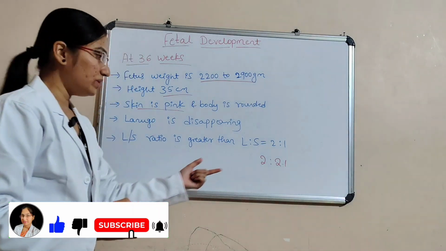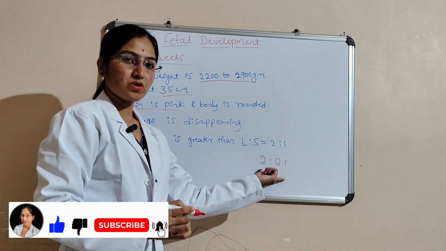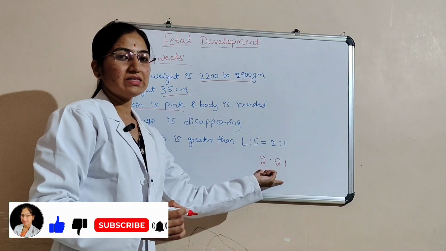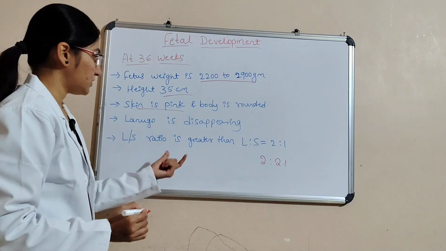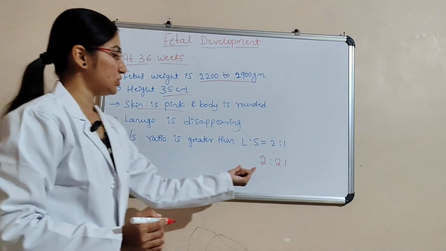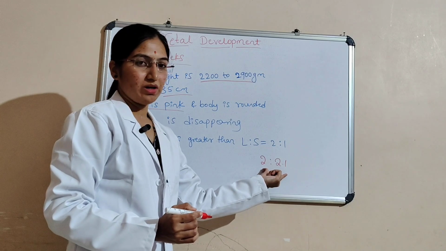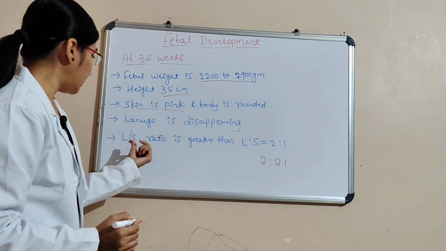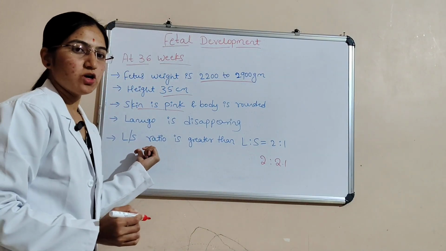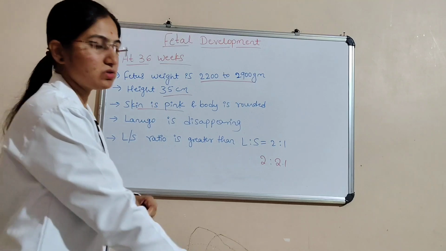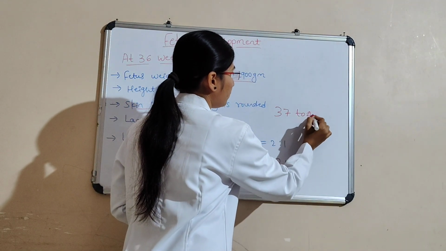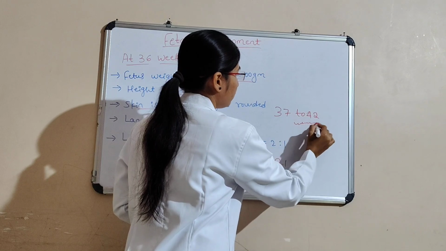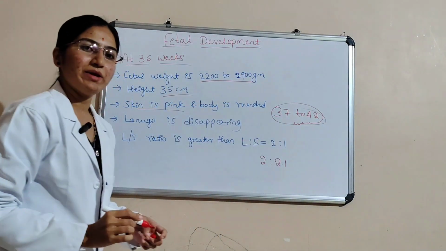If it is lesser than this, it indicates that the lungs are not properly matured. And the term baby is 37 to 42 weeks. We call this a term baby.